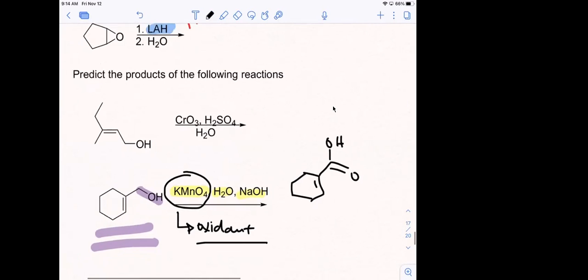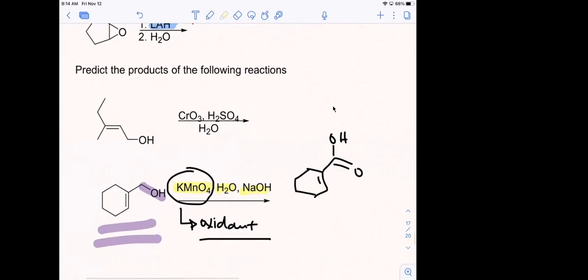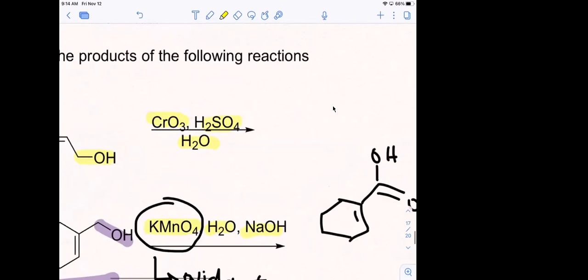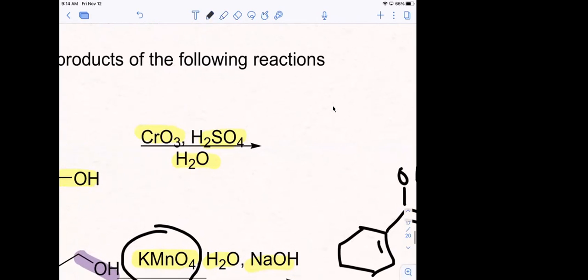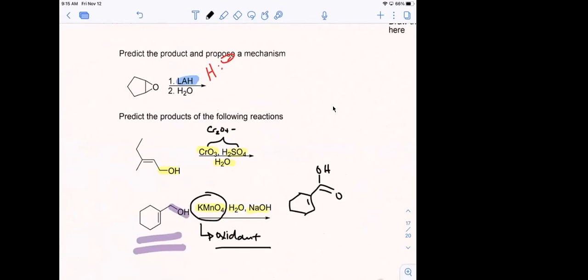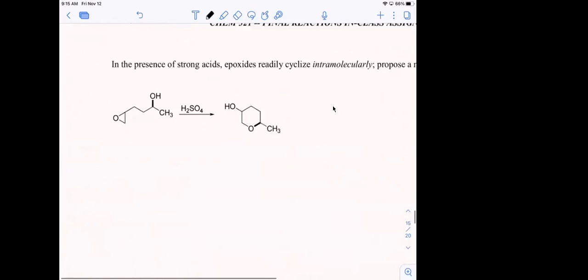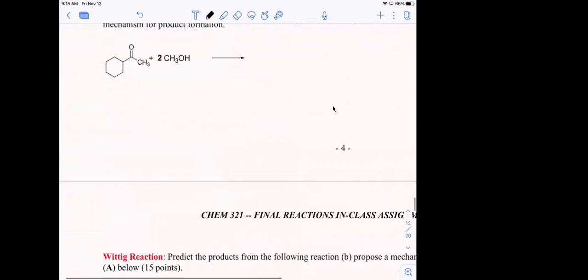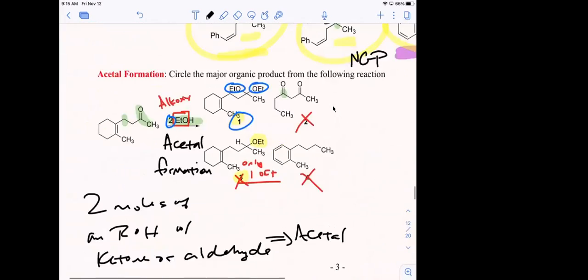All right, what about the next set of reagents? Again, I'm starting with a primary alcohol. I have chromium oxide, sulfuric acid, and water. This is the precursor to chromic acid. Let's go back up to the top because all these reagents are already listed in that.